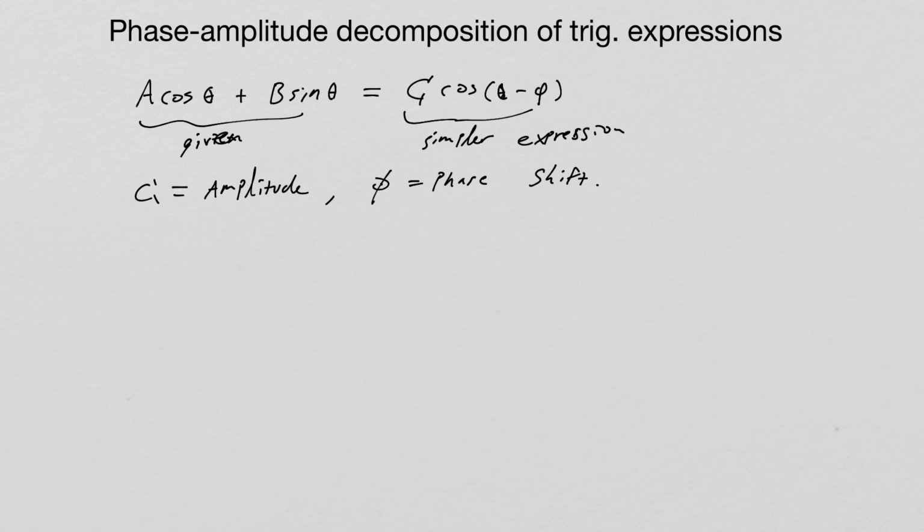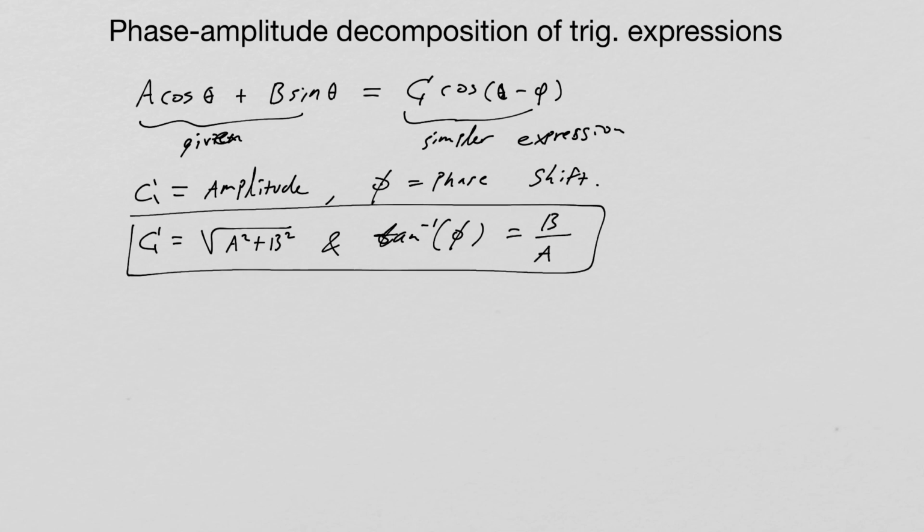And what we're going to find out is that C is equal to the square root of a squared plus b squared, and that tangent inverse of phi is equal to b over a.